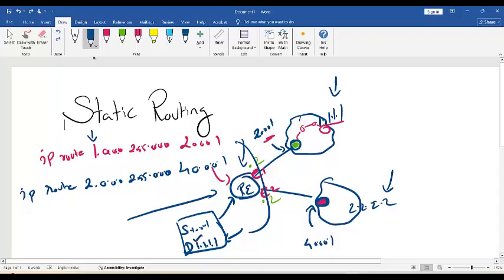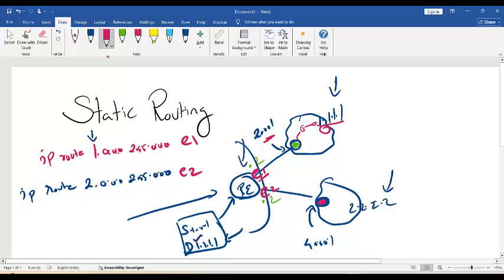Okay. Now there is a challenge. What is it? If the next router's address is not known to me, if the service provider's 20.0.0.1, or 40.0.0.1, I do not know, how is it possible to send the packet to the next router? If I do not know the IP address of the next router, I can simply say my exit interface name.